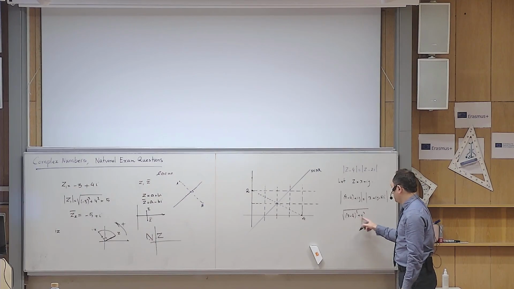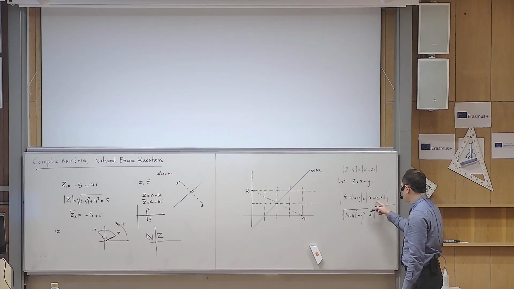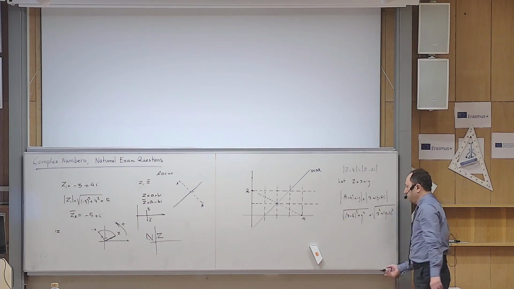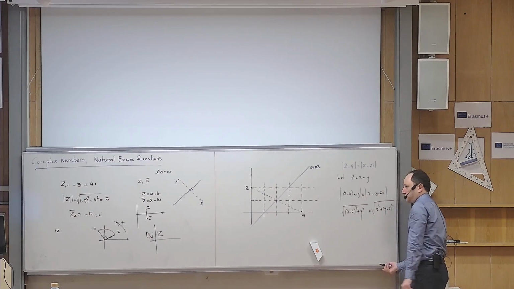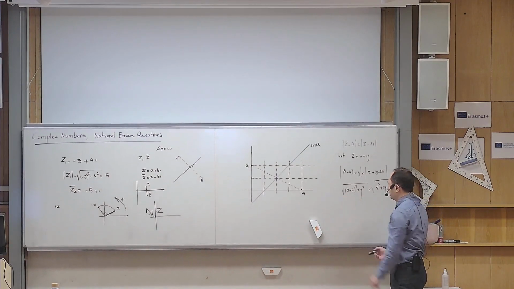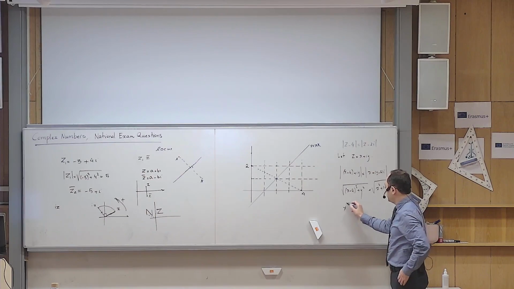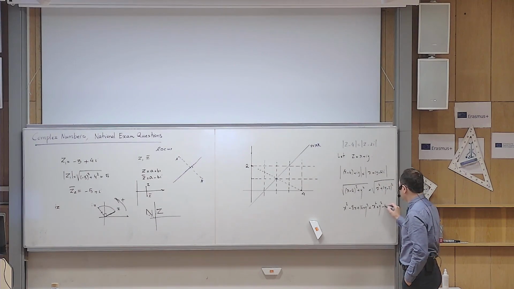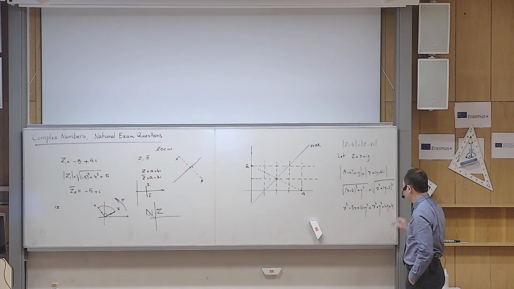The real part squared plus the imaginary part squared, the same here. The real part squared, the imaginary part squared. Raise to power 2 to get rid of the square root sign and expand this and that. So I'm doing it in one go. So this becomes x squared minus 8x plus 16 plus y squared is equal to x squared plus the first one squared, 2 times the first one times the second one, plus the second one squared.